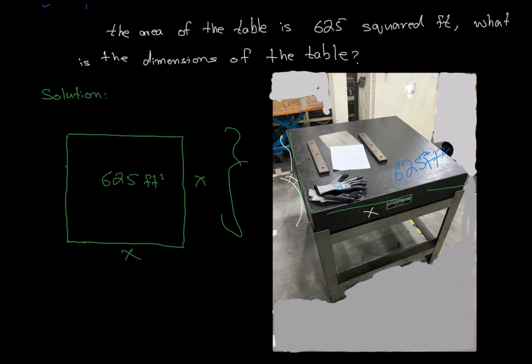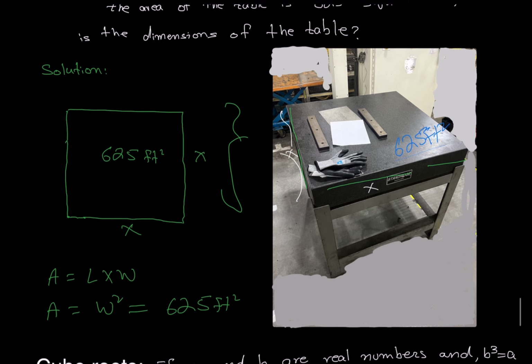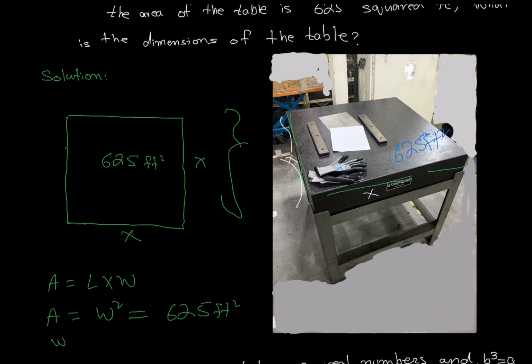Same exact thing. This is a square. For a square, we say A is equal to L times W. Since these are equal, this time we say, okay, A is equal to W squared, width squared, and that is the area, 625 feet squared. We put them both under the square root of 625 feet squared, and that will give you a good number of 25.